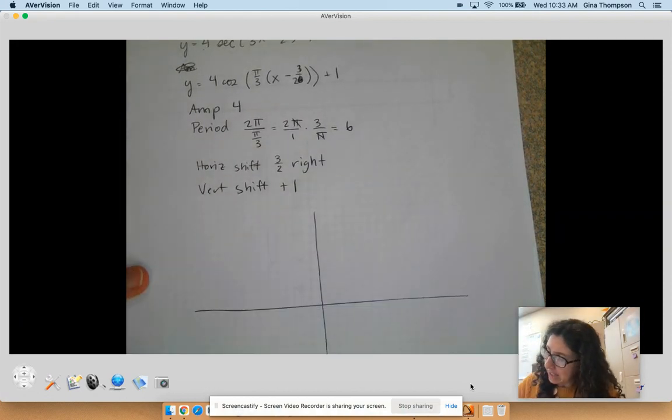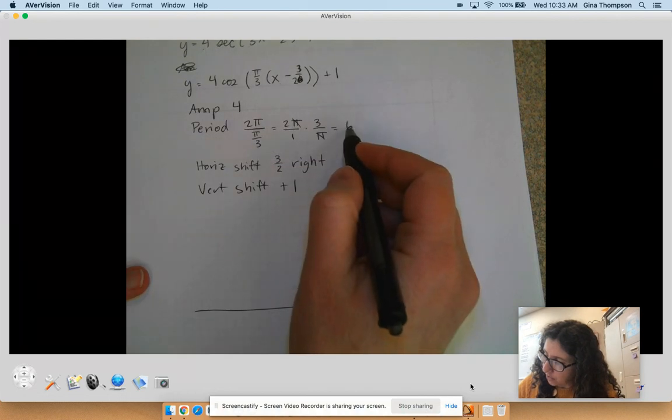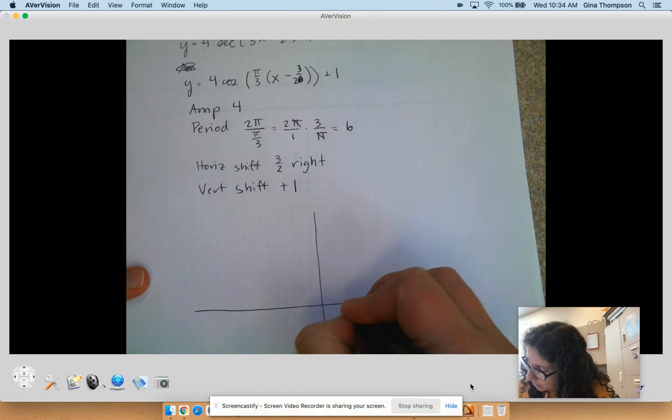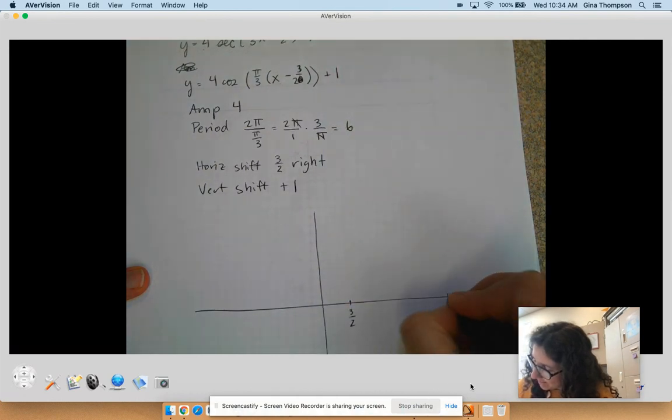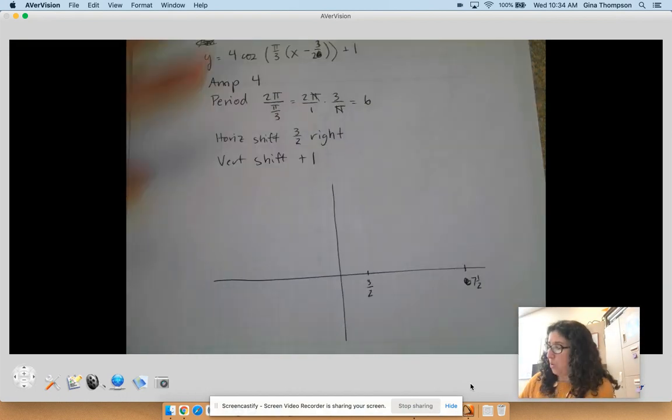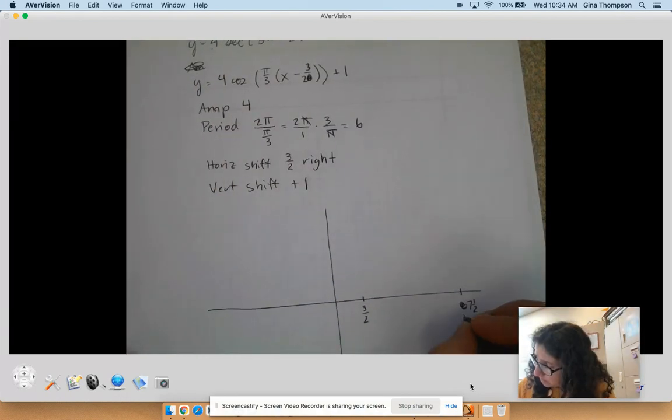All right, our period is 6, and we're shifted 3/2 to the right. So we're going to start here at 3/2, and we're going to go over to, well, no, we're going to go over to 7.5, right? If we shifted 6 over, it's going to be 7.5, or 15/2.